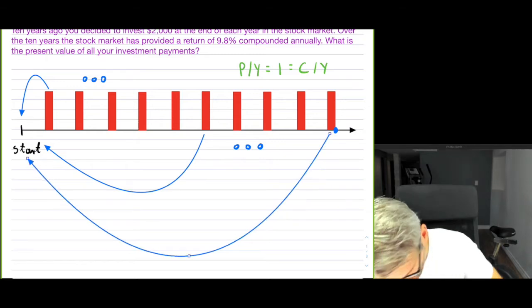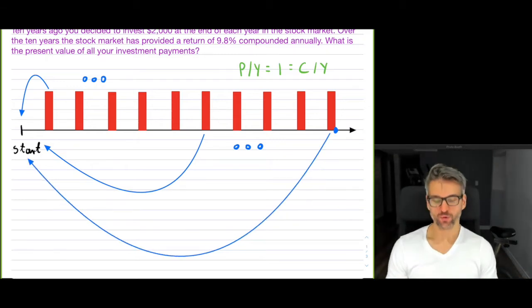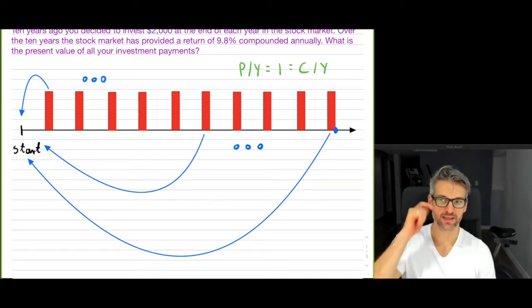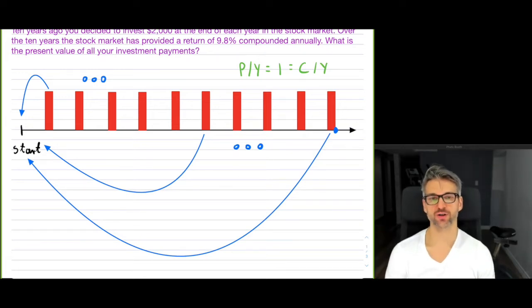Now, if you want to bring all of these payments back, our focal date is basically the present, which is the start of your entire annuity, your whole term. Of course, you can do it one at a time, which would have been pretty annoying because we have 10 of them. Imagine we had 30. That was the same problem we ran into with future values.